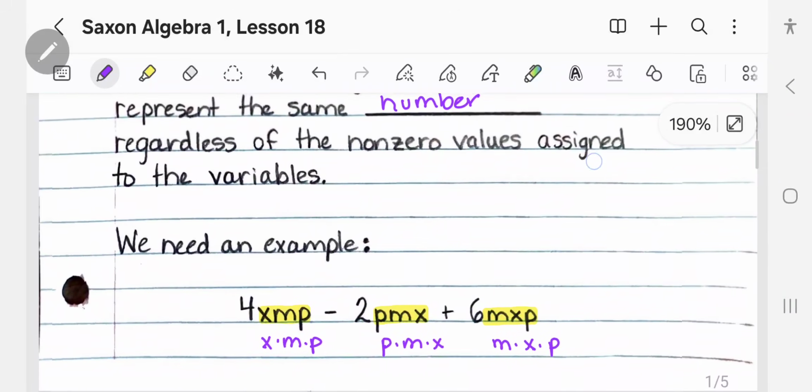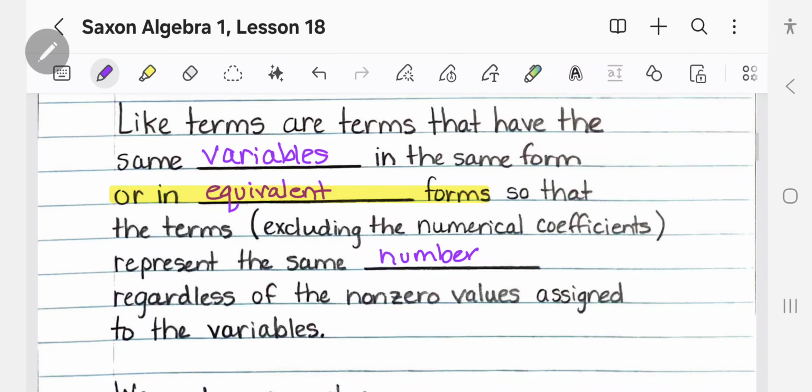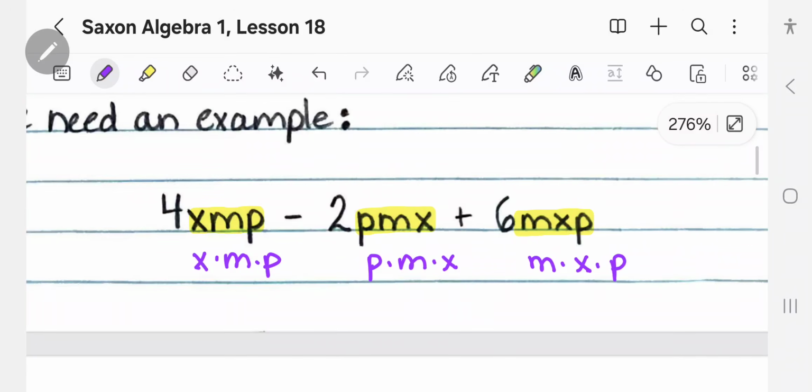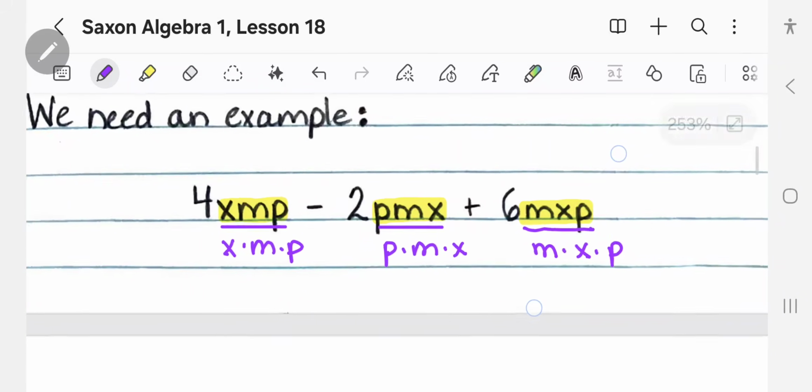So when the definition says they have to have the same variables in the same form or in equivalent forms, this is okay, because if you knew what these variables stood for, all of these would have the same value. The variable parts would have the same value because it doesn't matter what order you multiply things in.